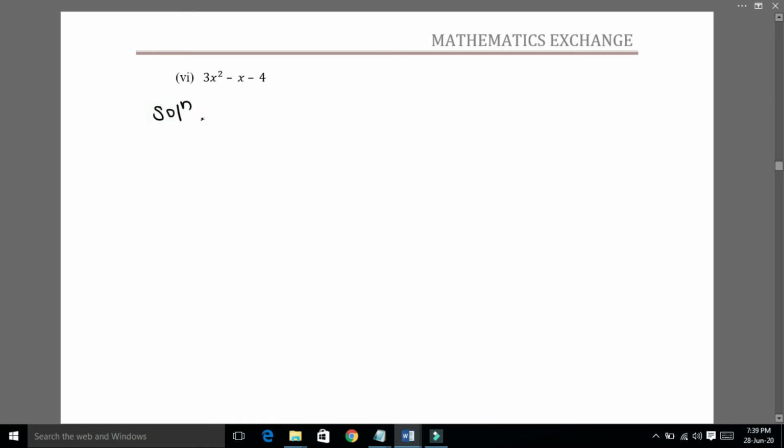Last problem of question 2 is 3x² − x − 4. Factorize it. By factorizing this polynomial, we get 3x² − 4x + 3x − 4.